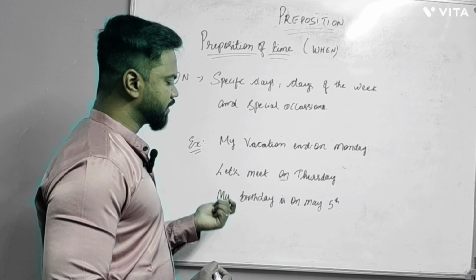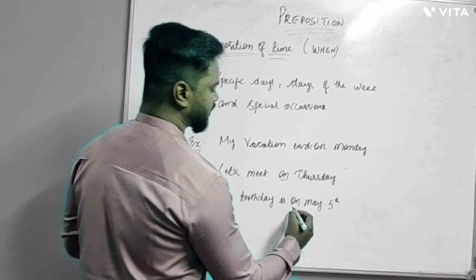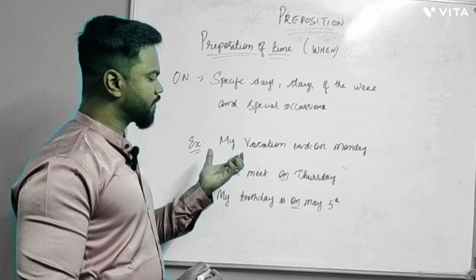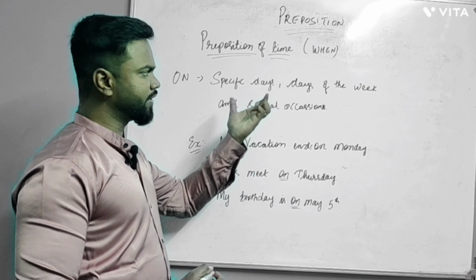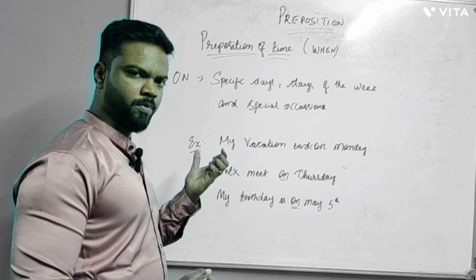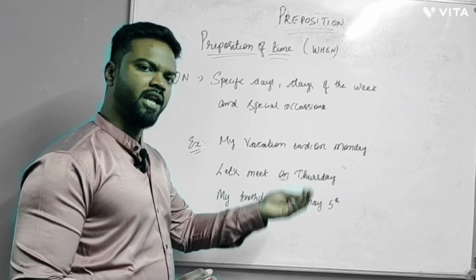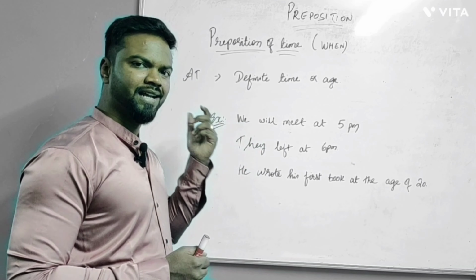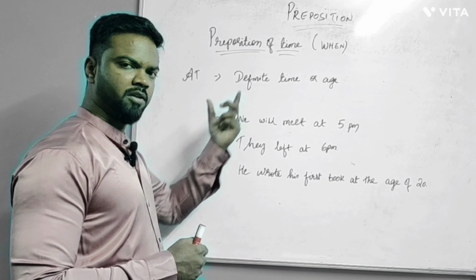Third sentence, my birthday is on May 5th. See, we are using on for specific days, days of the week like Monday, Tuesday, Wednesday, Thursday, and for special occasions like birthdays or anniversaries. You got this?